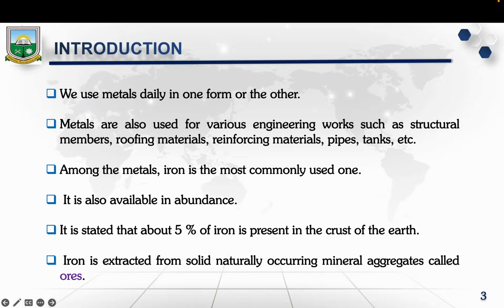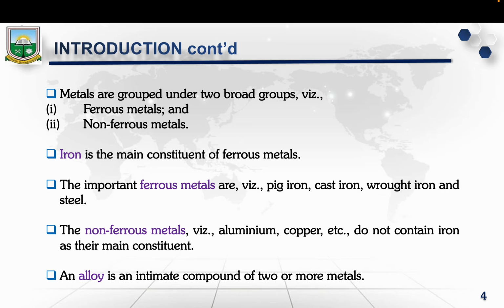Now, let's take a look at the classification of metals. Metals are broadly classified into two major groups. The first is ferrous metals, and the second is non-ferrous metals. Ferrous metals are metals that have iron as their primary component.